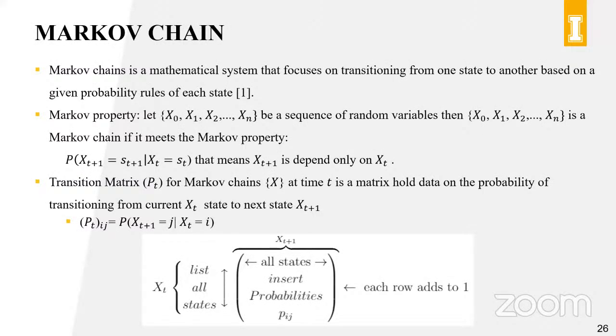The Markov chain methodology is a mathematical system that focuses on transitioning from one state to another based on given probability rules for each state. Which means a Markov chain is a probability system that transitions from one state to another based on probability.